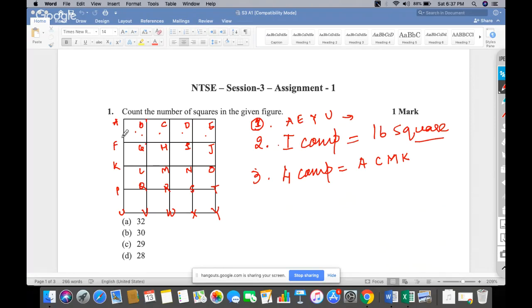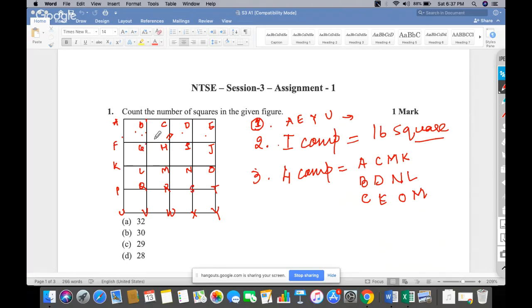Then what I do, this particular line I shift here. I'll not take this adjacent one. I'll take this one. So the second one is BDNL. I will not take this one. I will go here, which is CEOM. So 3 here.